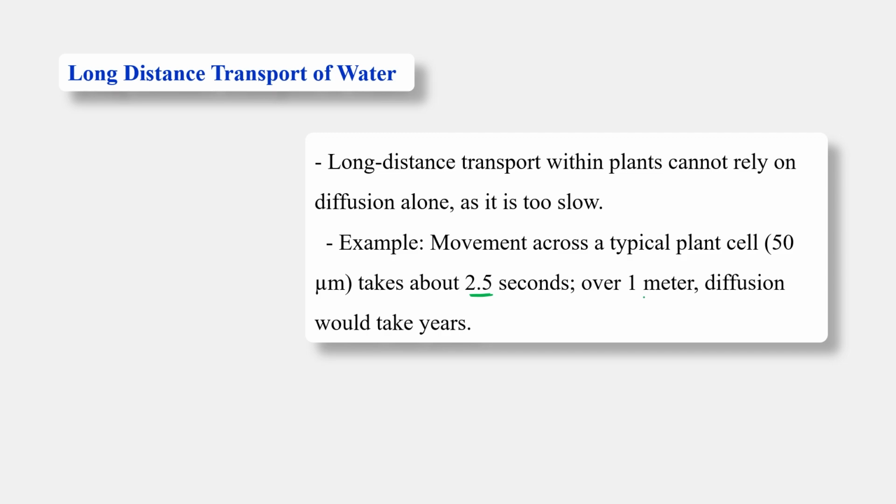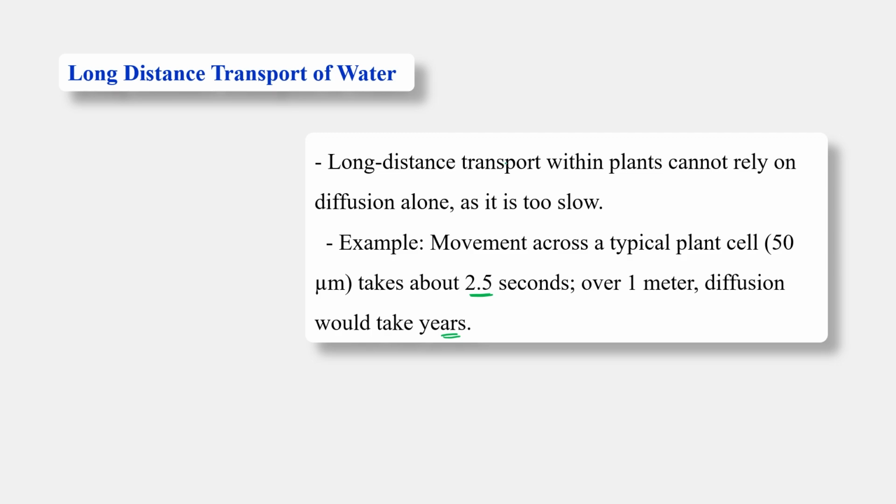For the movement of a water molecule over a meter, this diffusion process would take years. But water is required every day for all parts of the plant, and similarly food is required by all the plant cells. If diffusion is utilized by the plant for movement, it requires too much time.